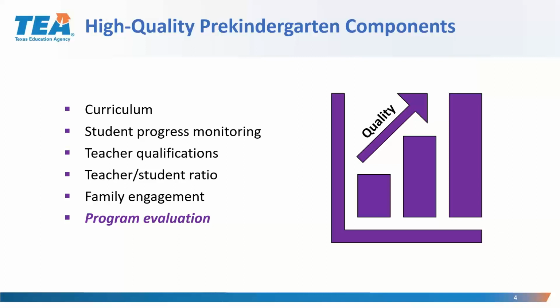These are the high-quality components that are a requirement of every public pre-K program within Texas serving eligible 4-year-old students. And this includes districts, charters, and districts of innovation. And the goal with meeting all of these components is to raise the quality of the pre-kindergarten programs across our great state.